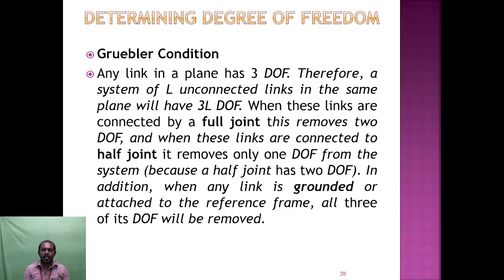When the links are connected by a full joint, this removes 2 degrees of freedom, and a half joint removes 1 degree of freedom. In addition, when any link is grounded, attached to the reference frame, its degree of freedom is zero.